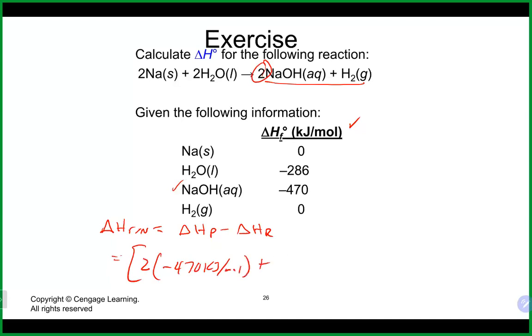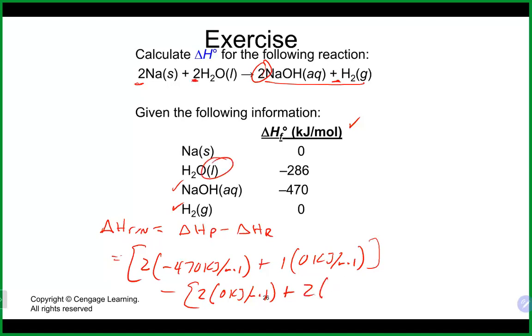We then have 1 times the value of H2, which is 0, minus our reactant side. So we have 2 sodiums, which from the table is also 0. And we're going to add it to our other reactant, which is 2 times our water, making sure obviously the right state there, minus 286 kilojoules per mole.